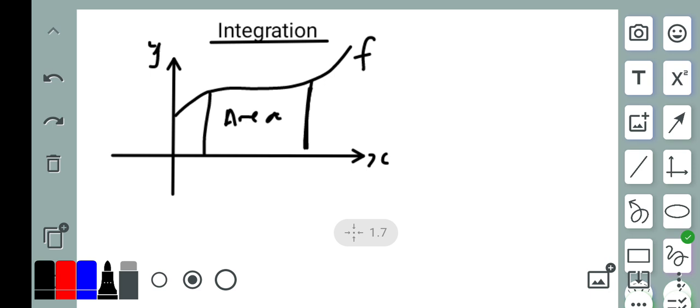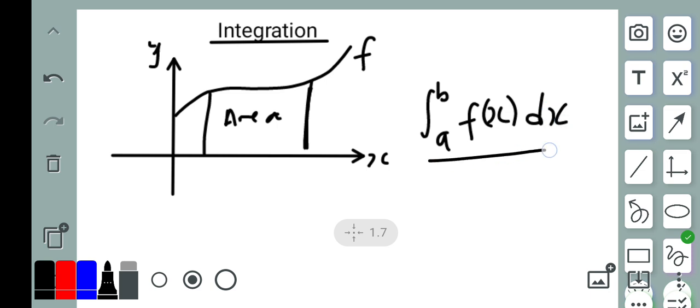Now, the Riemann integral is when you have the integral from a to b of f of x dx. This is just the general formula for the Riemann integral, or a definite integral.